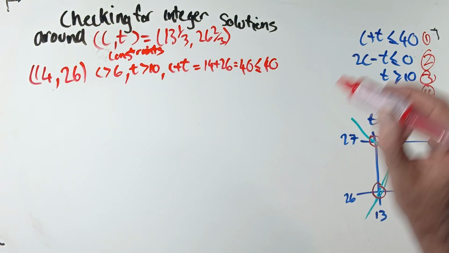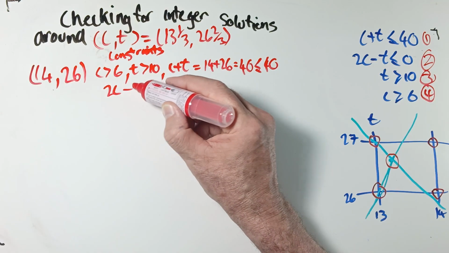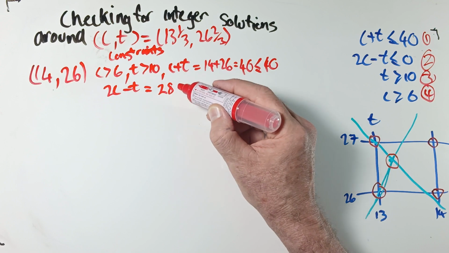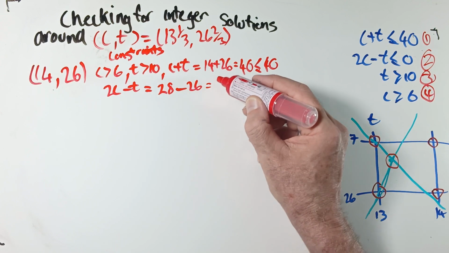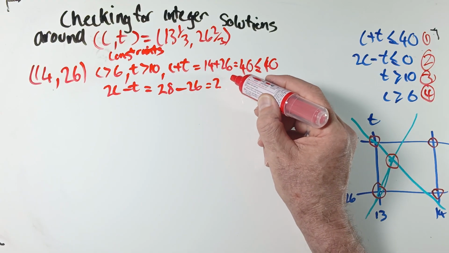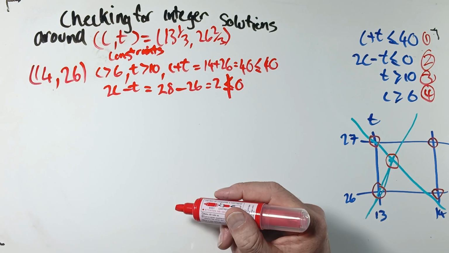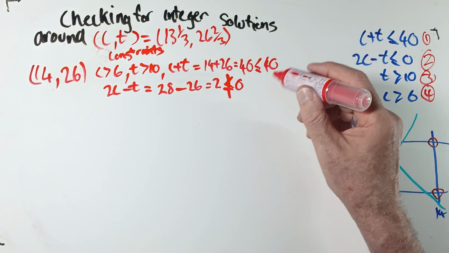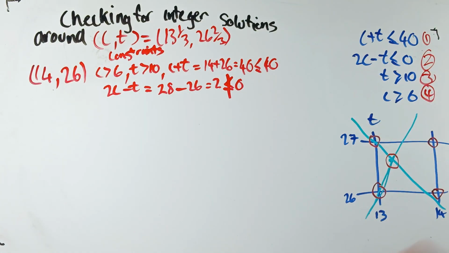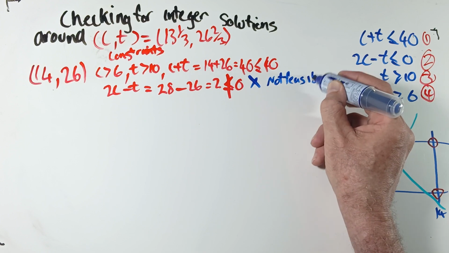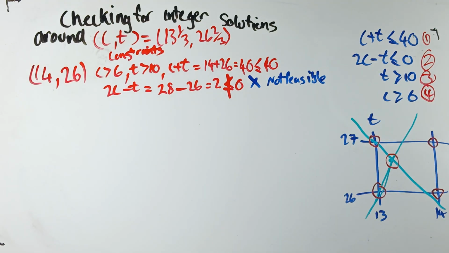And the last thing to check is 2C minus T is 28 minus 26 equals 2, and that is not less than 0, therefore not feasible. Which you can kind of see out there.